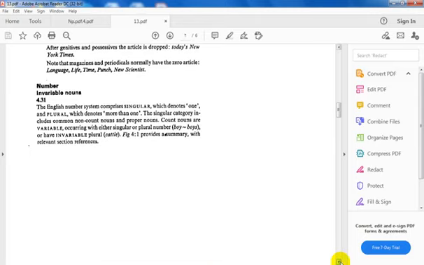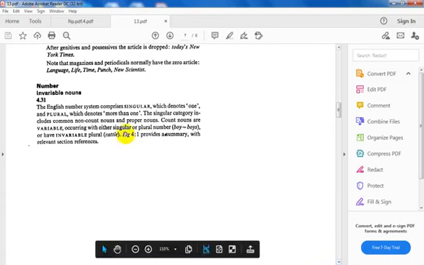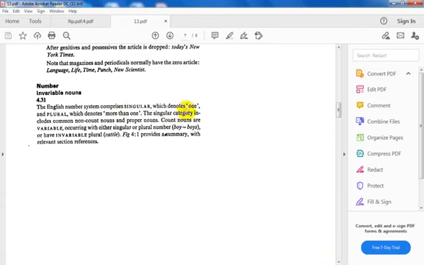Number. When I say the word number, keep in mind that it refers to the differentiation between singular and plural. So the English number system comprises singular, which denotes one, and plural, which denotes more than one.